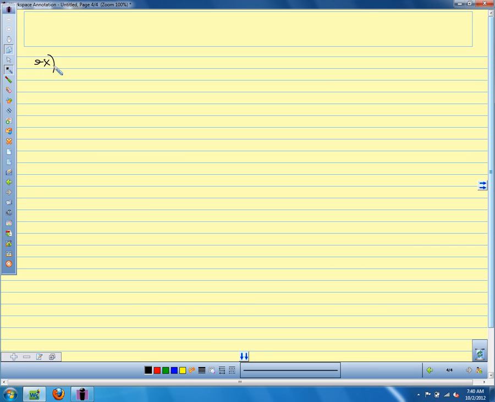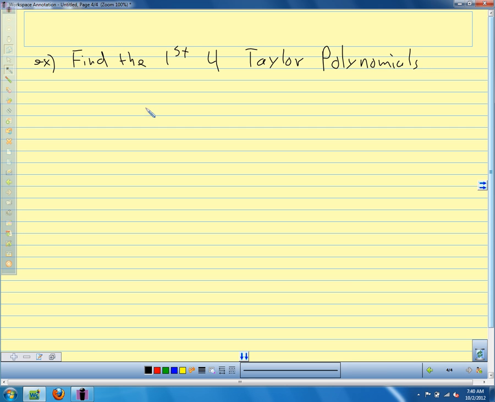So we want to find the first four Taylor polynomials. I'm looking for P0, P1, P2, and P3, for my function, we'll do an easy one, 1 over x, centered at c equals 2.